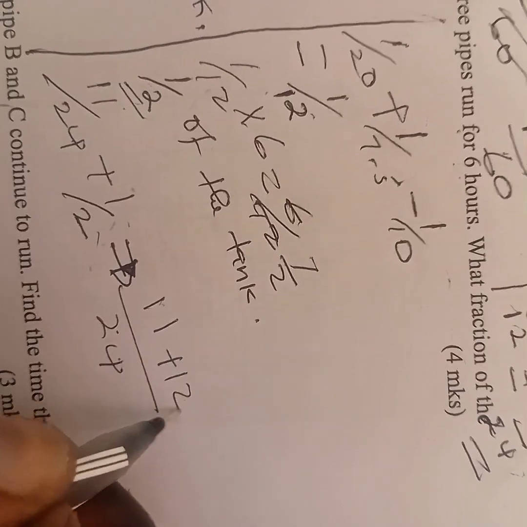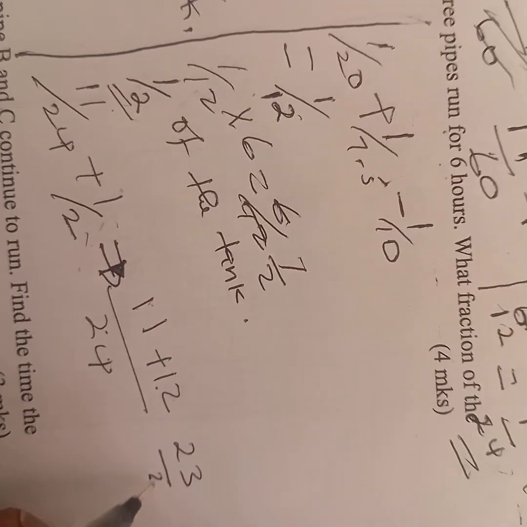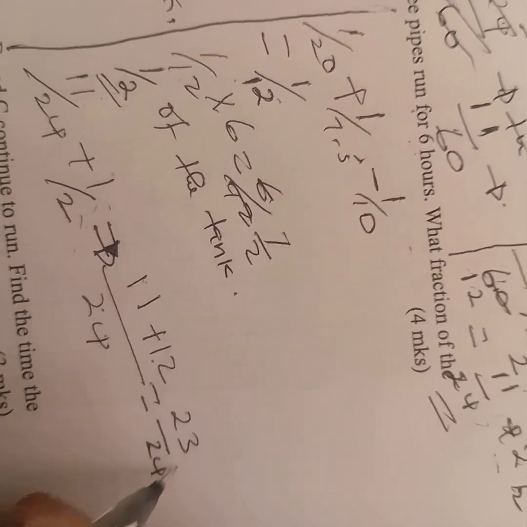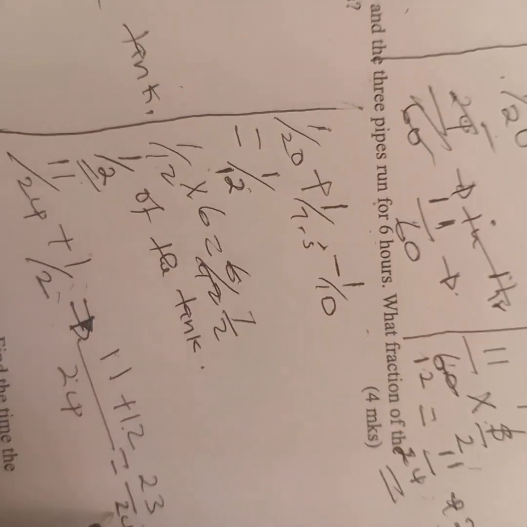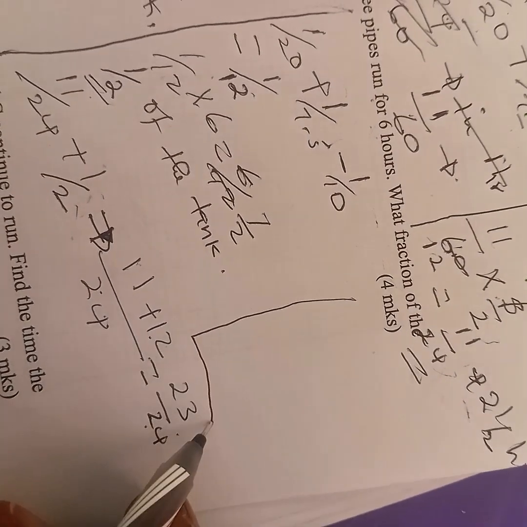So 11 plus 12, it will be 23 over 24. This is the fraction that will be filled after 6 hours.